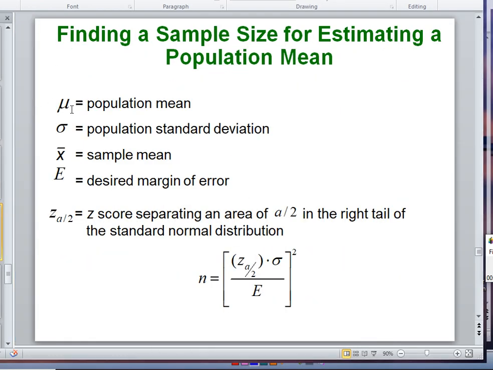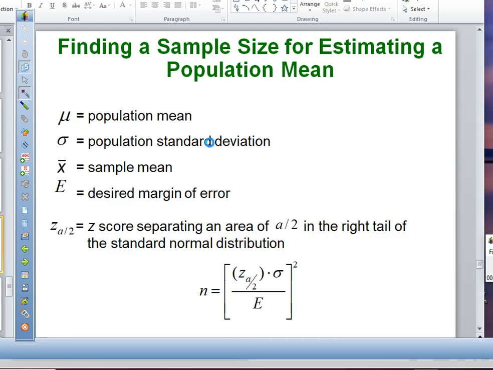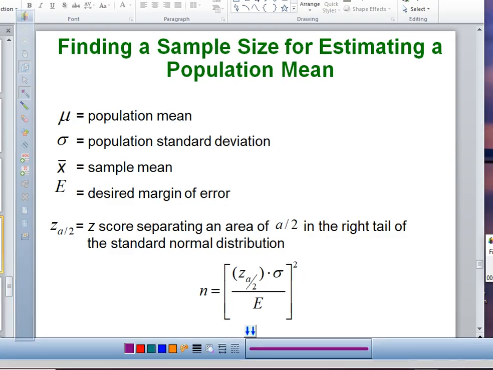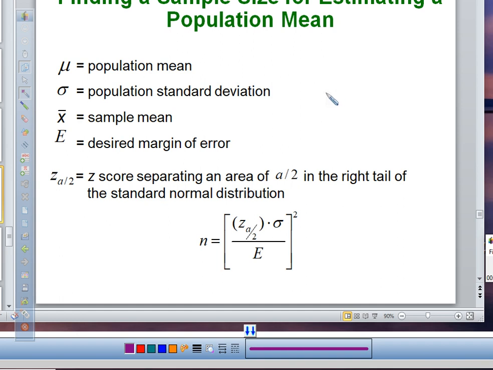Here is just another comment on how we might find the sample size for estimating a population mean. Again, similar to what we did with the proportions. If you want your error to be within so many inches or feet or whatever it is, you can fix your error, the plus or minus, and then solve for n.